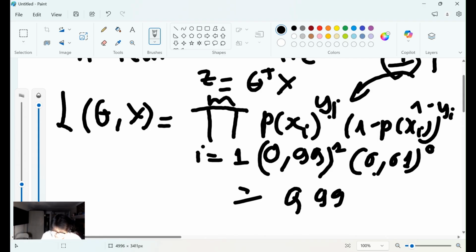However, let's say you're not so sure about it. For example, that is a very good student, but the model says that this is a very bad student.